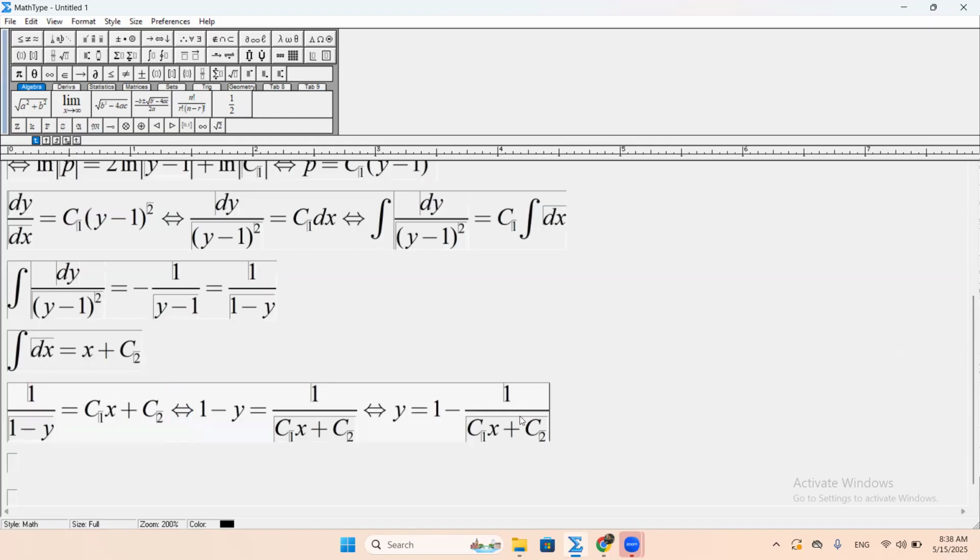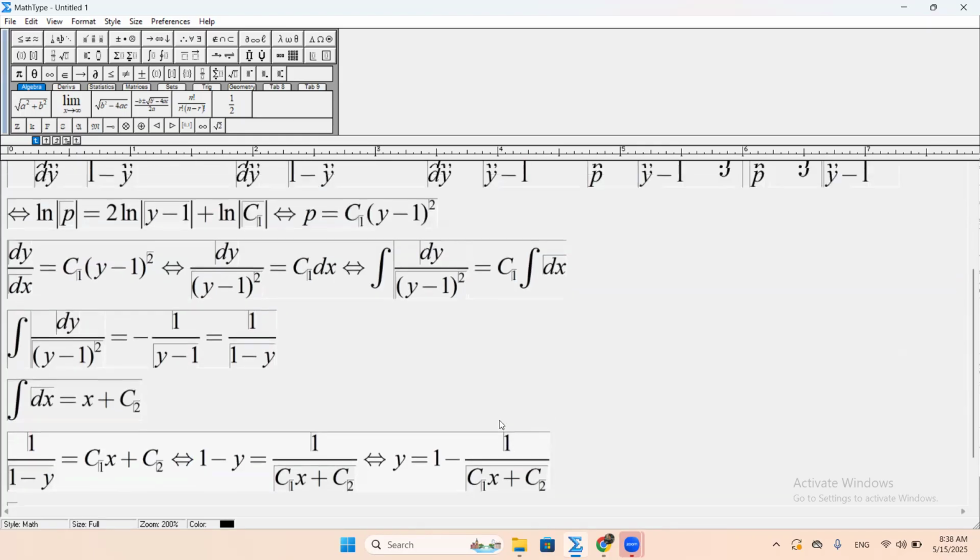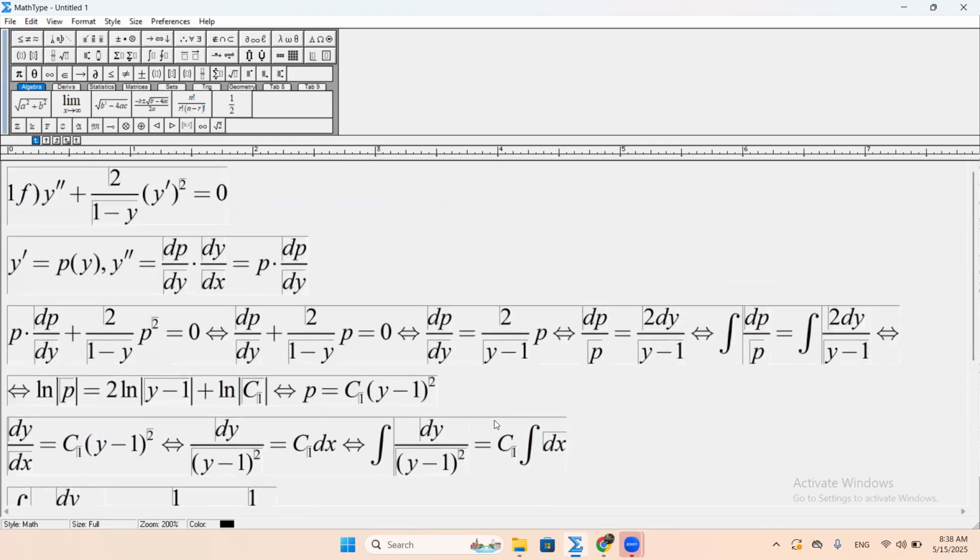So this is the general solution of the given differential equation. Any questions about this exercise? Okay, if you don't have questions, let's have a break for 5 minutes, and after that we will continue. We will solve Cauchy problems.